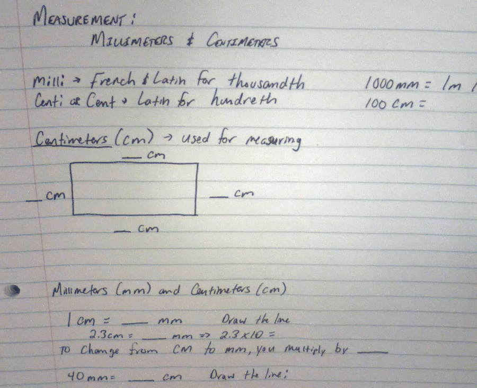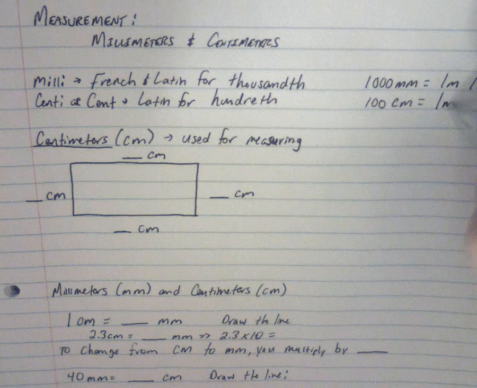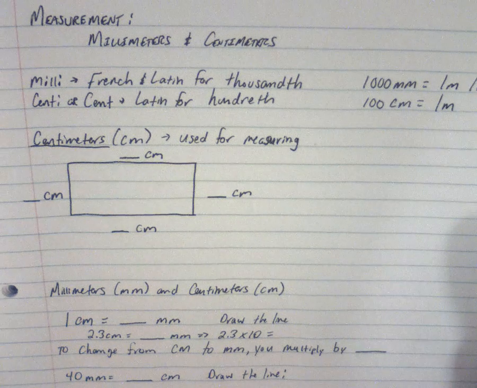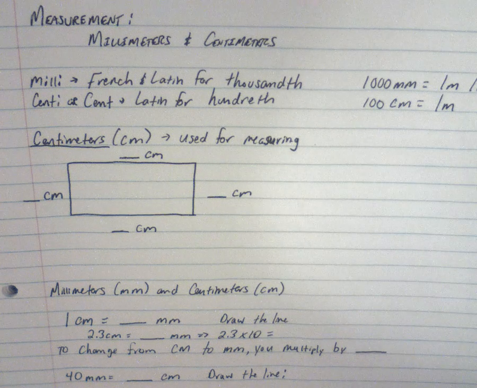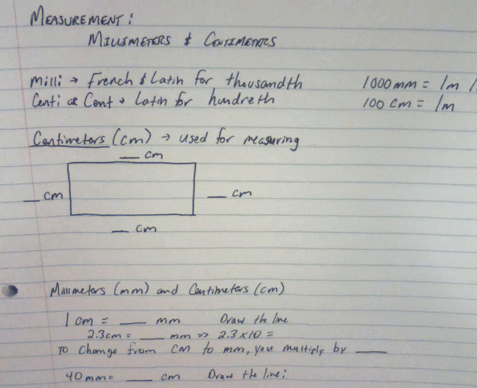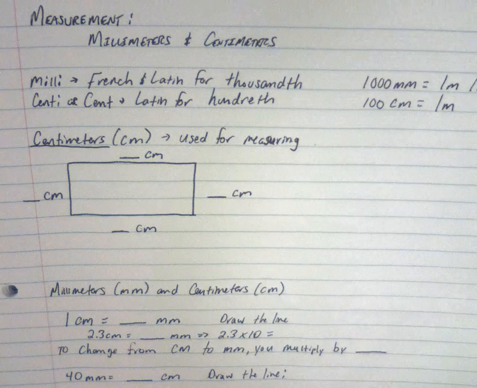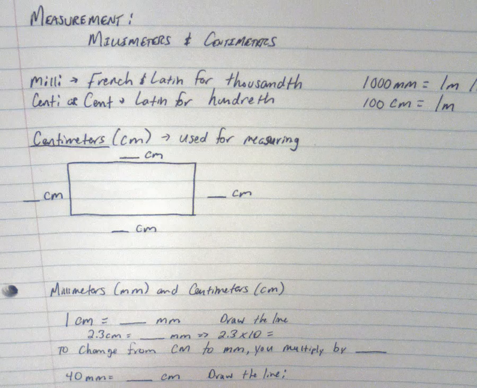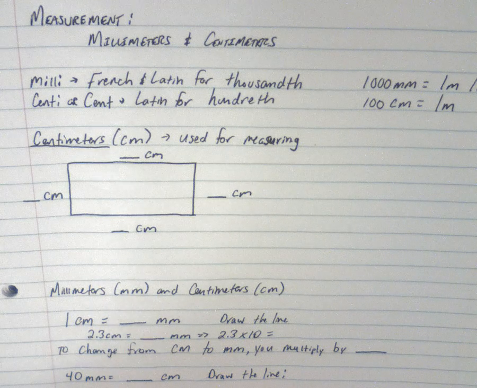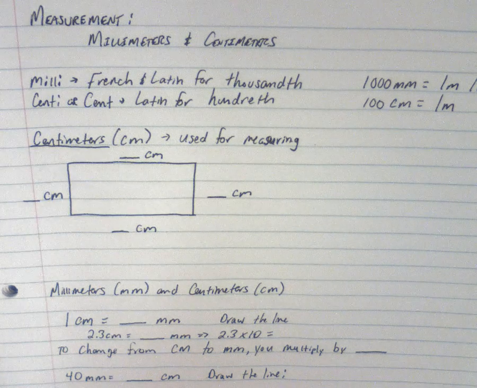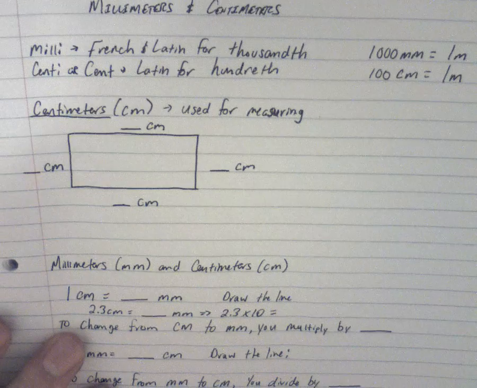It takes 100 centimeters to equal 1 meter. If you look at the meter stick at the whiteboard, the numbers go up from 0 to 100 because it takes 100 centimeters to equal that 1 meter. So that's kind of an introduction as to what we're doing.